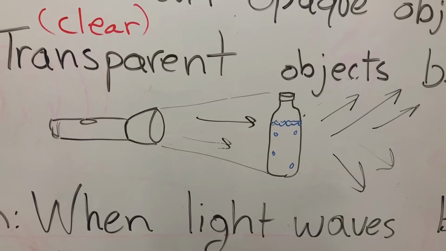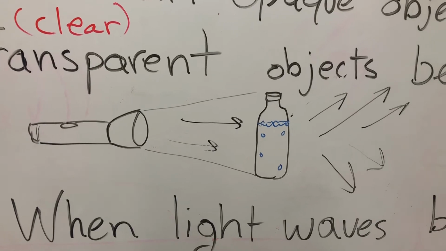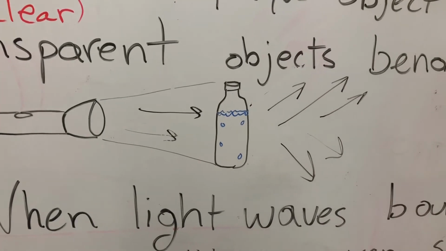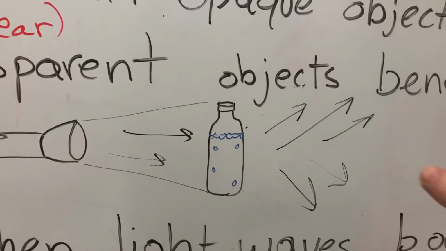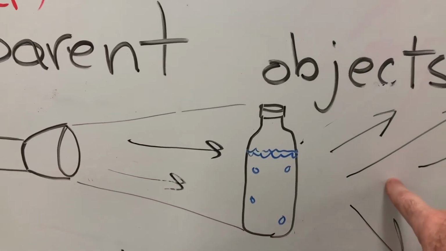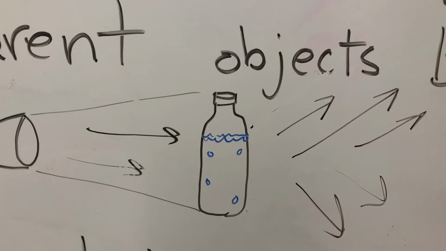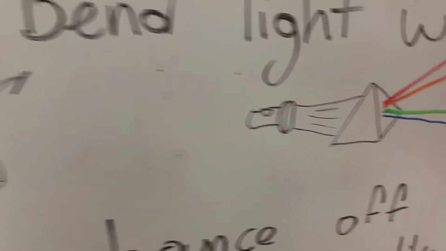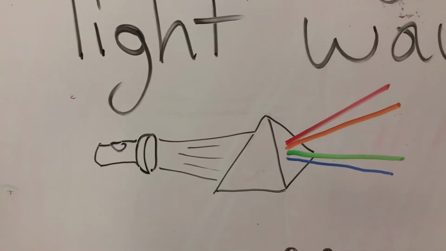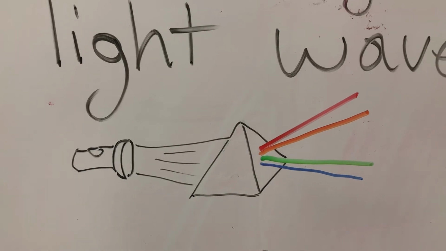It's a flashlight, you see it right there? With a glass, or a bottle of water, and you can see that at the other end, right here, the light did not keep going in the same direction, okay? The waves were bent. And another example here is the prism. And you see how on the other side, the light waves are bent as well.